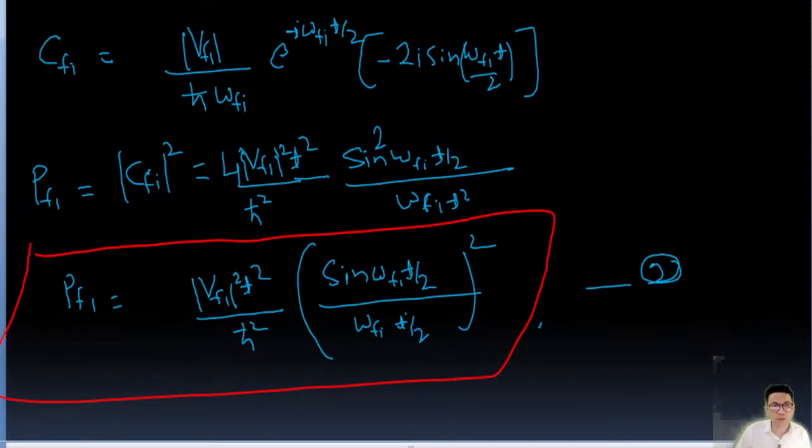The first case, case 1: if omega fi, the value of omega fi, tends to 0.